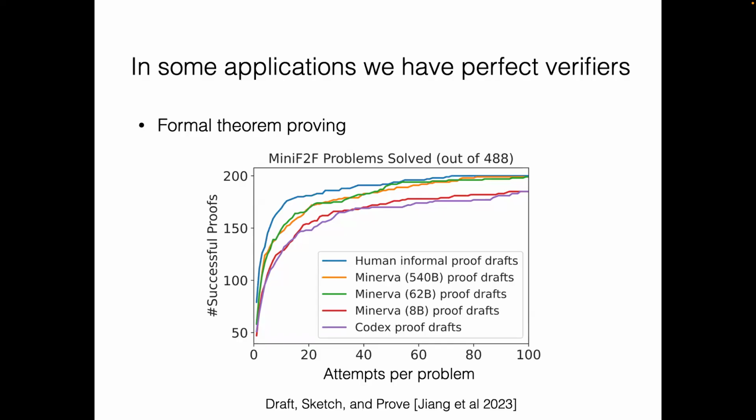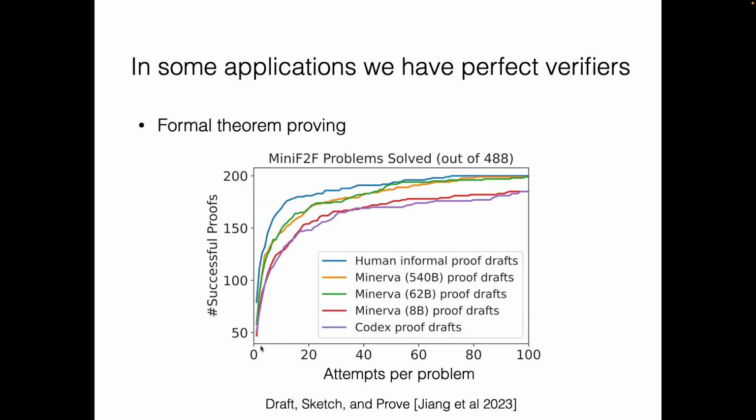To draw an analogy, you're basically compiling the proof. And if the proof compiles, then it's mathematically guaranteed to be a correct proof of the statement, and the statement is also written in the formal language. So the nice thing is that you have this perfect verifier, and you can apply inference time techniques. Here's one example from a few years ago.